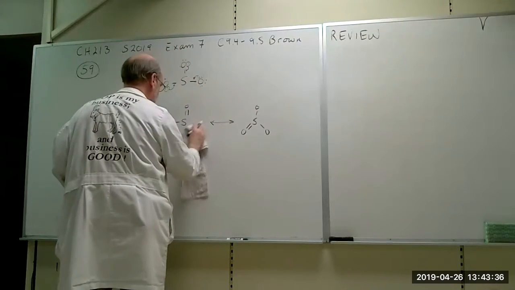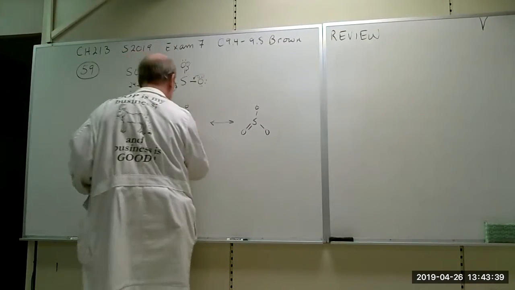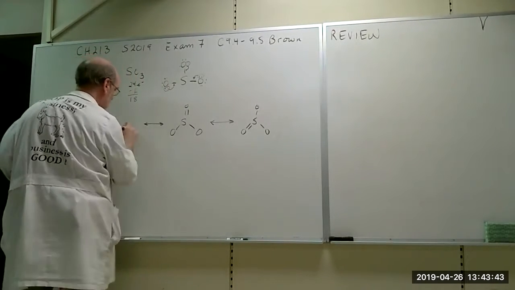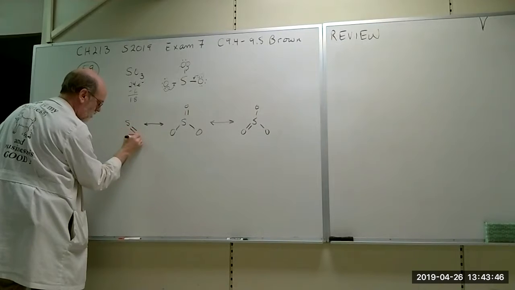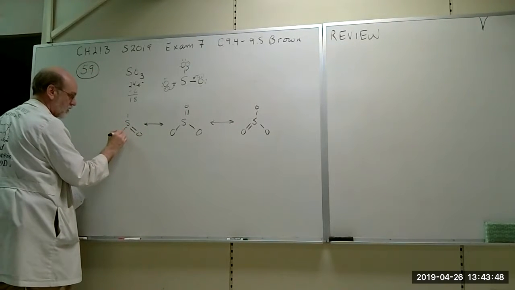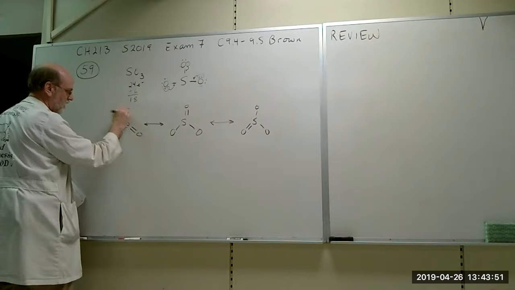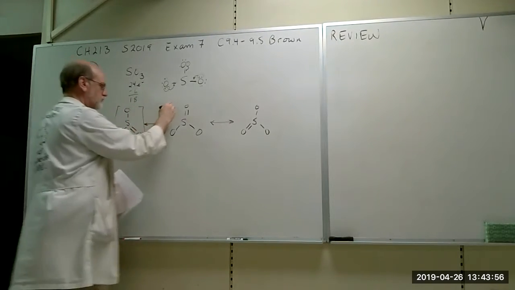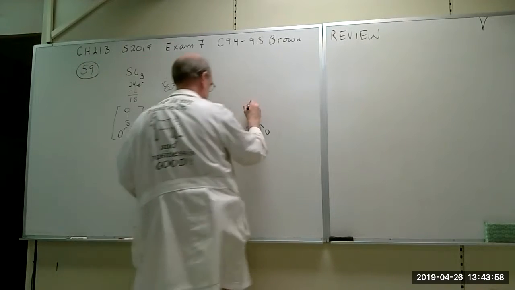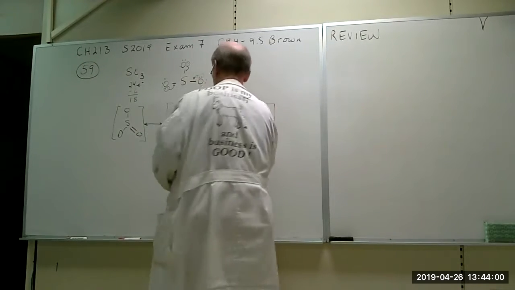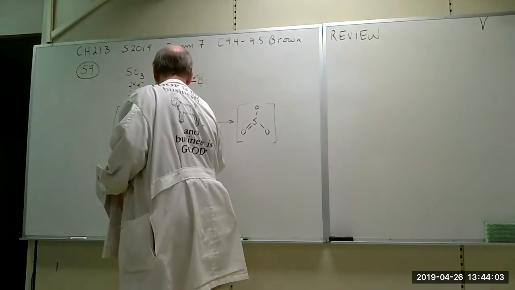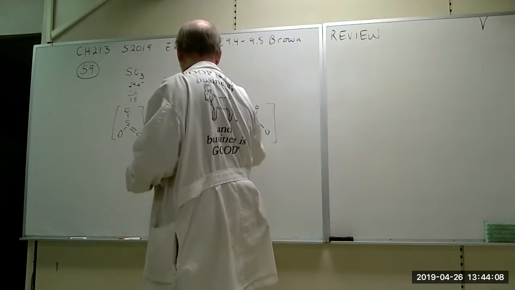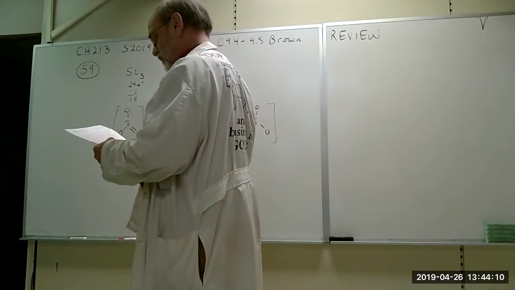And then this one would be that, that. And this one would be that. And that. There we go. So those are our possible Lewis dot structures with resonance.